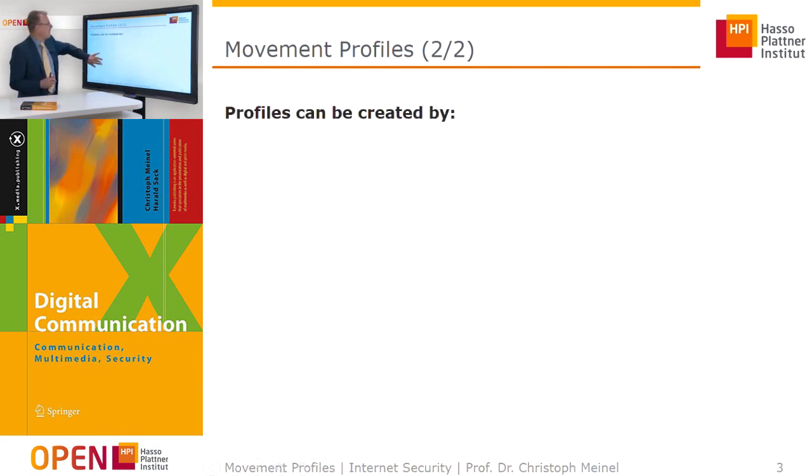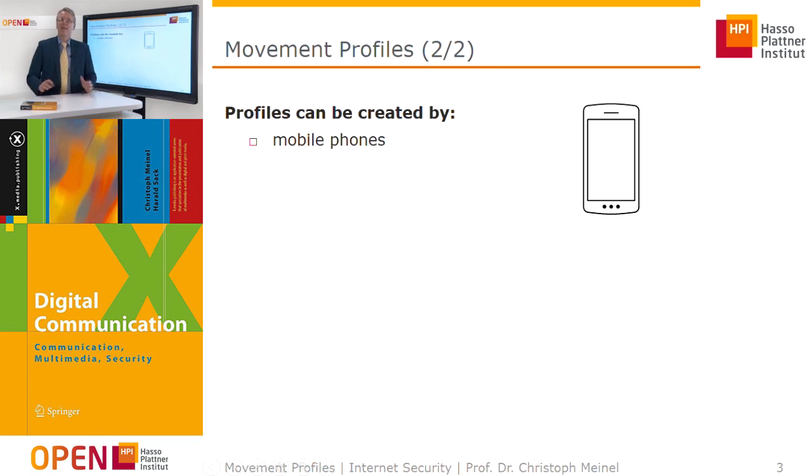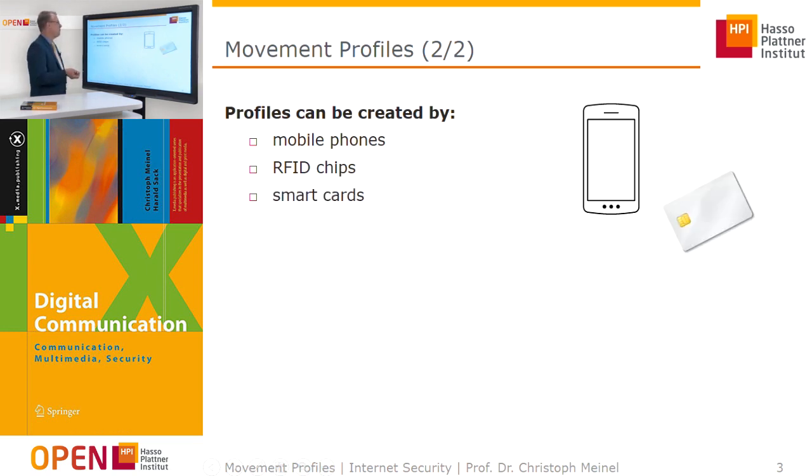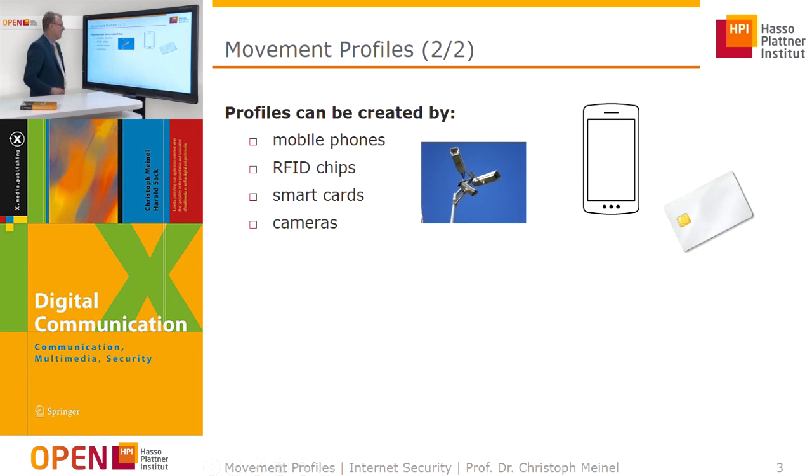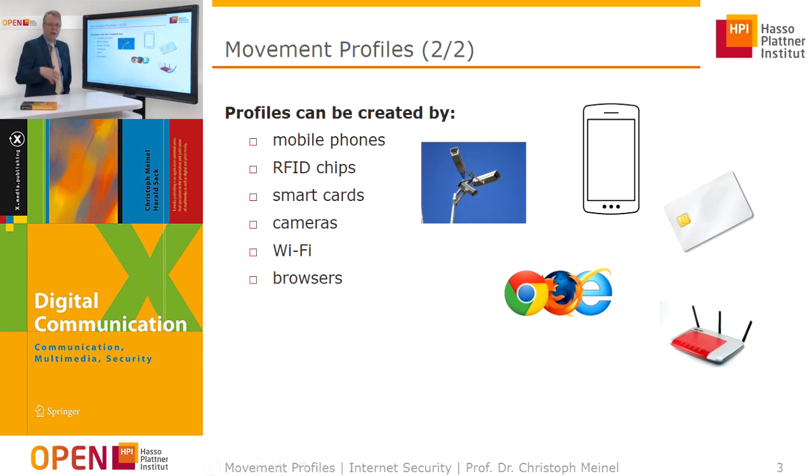The profiles can be created by different devices. For example, by mobile phones, but also RFID chips help to collect data, as do smart cards, cameras, and Wi-Fi networks, because in a Wi-Fi network one sees who is associated to an access point.